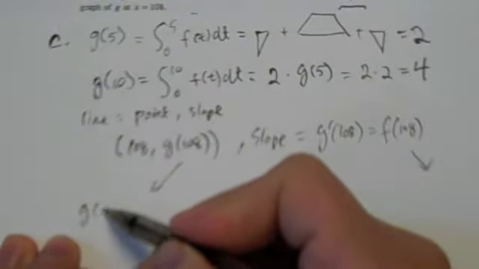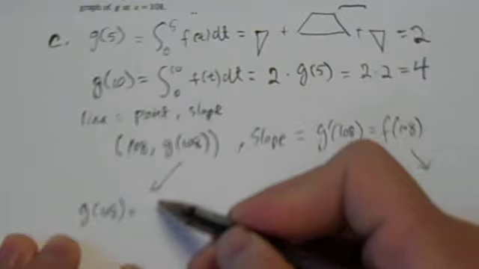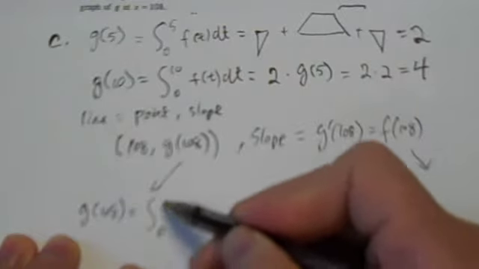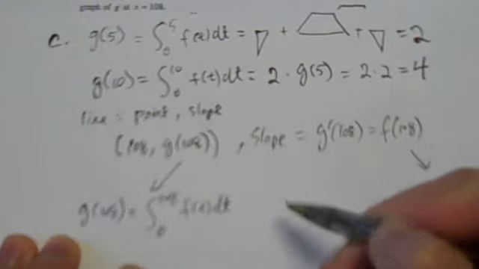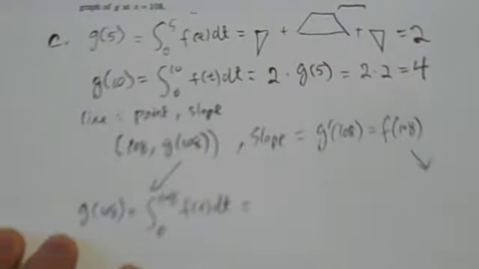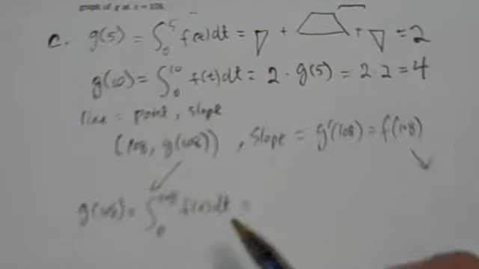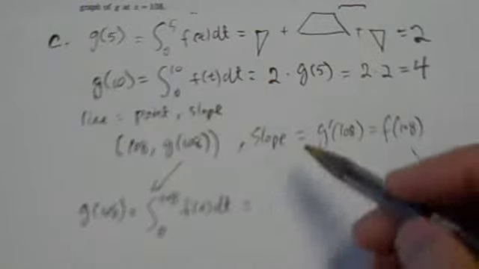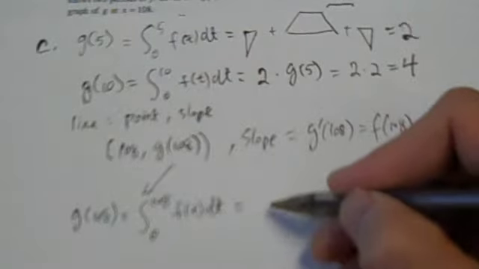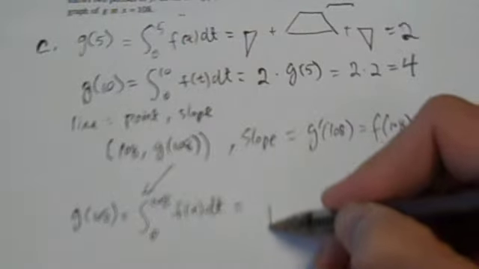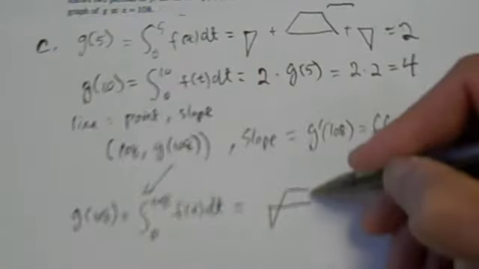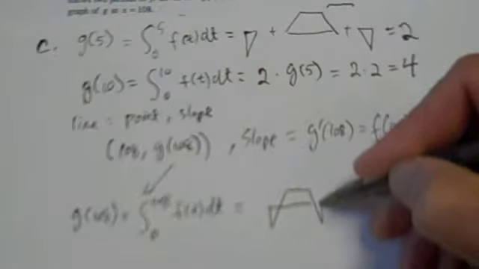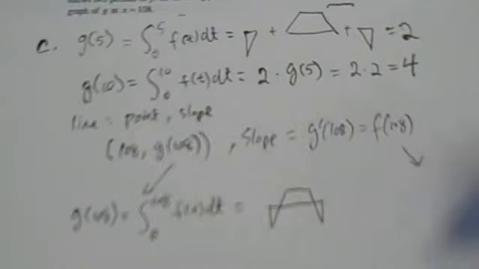Now g of 108 simply means the integral from 0 to 108 of f of t dt. Now, from 0 to 108, it means that it repeats this pattern. How many times?